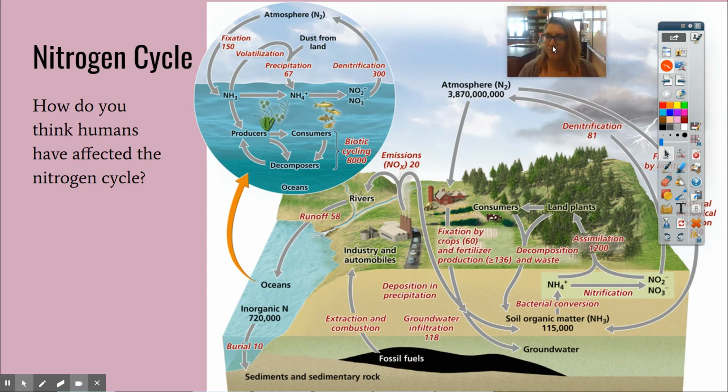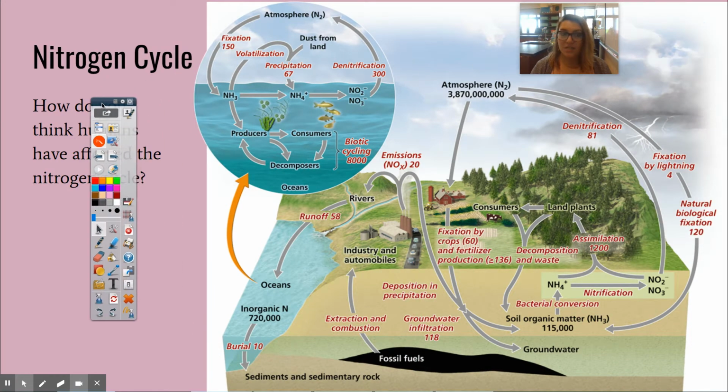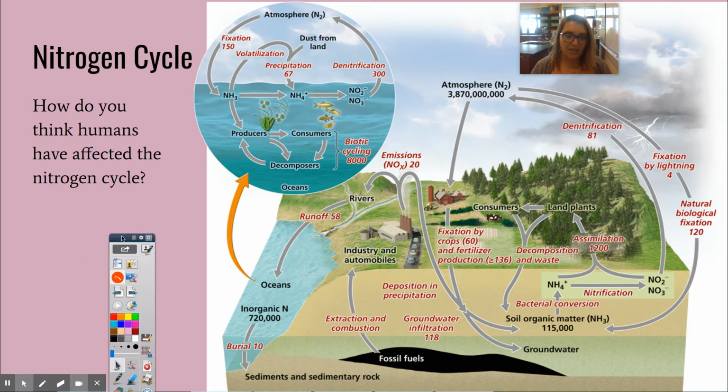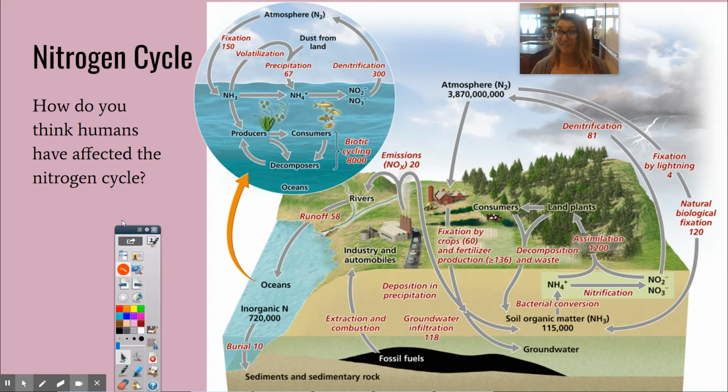All right, so let's briefly review the nitrogen cycle, which I think is one of the most confusing of the nutrient cycles. Actually, it is the most confusing nutrient cycle. So the largest sink for nitrogen and the largest reservoir for nitrogen is the atmosphere.